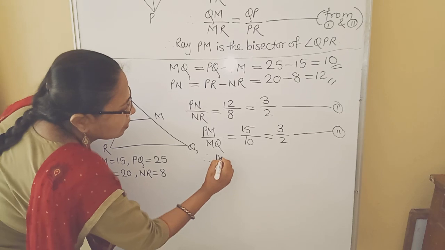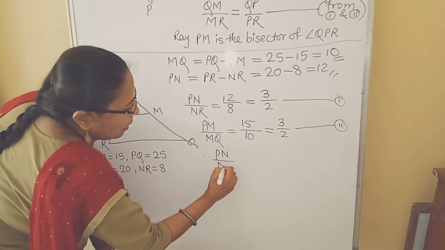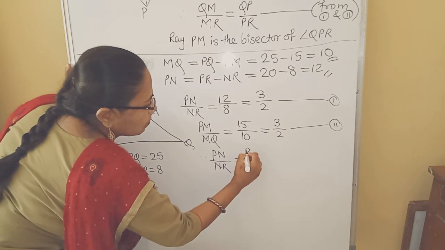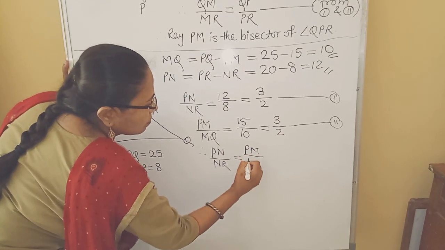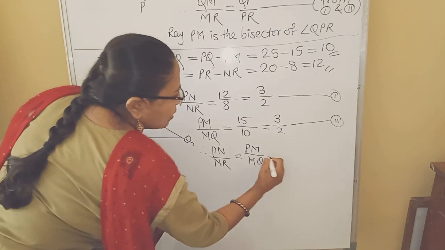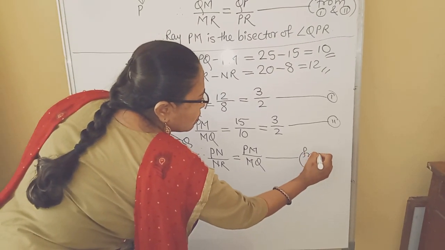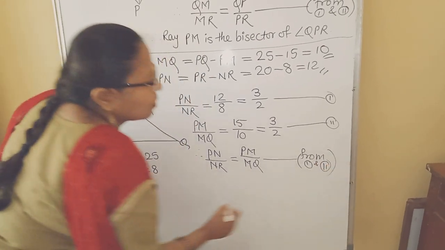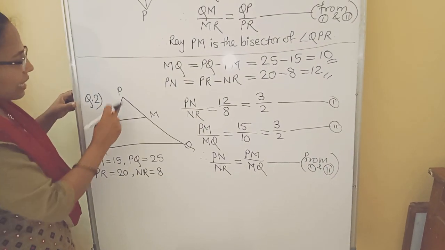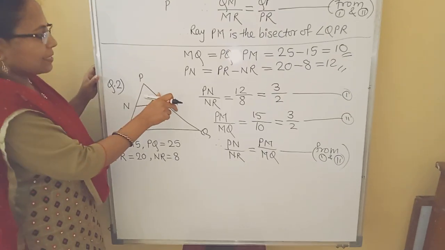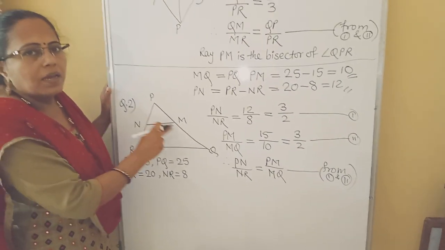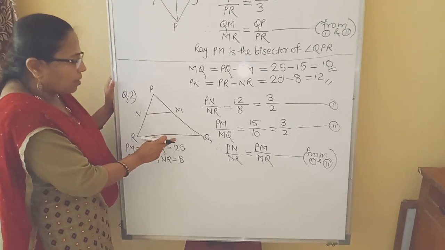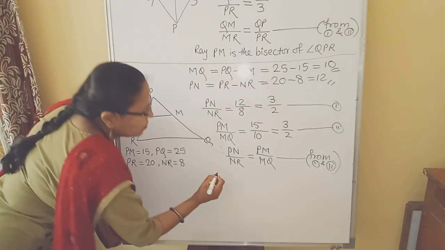Therefore, PN upon NR is equal to PM upon MQ. Reason: we can write from 1 and 2. So this ratio is equal, that means these two sides are divided in equal ratio. Therefore, line NM is parallel to line RQ.